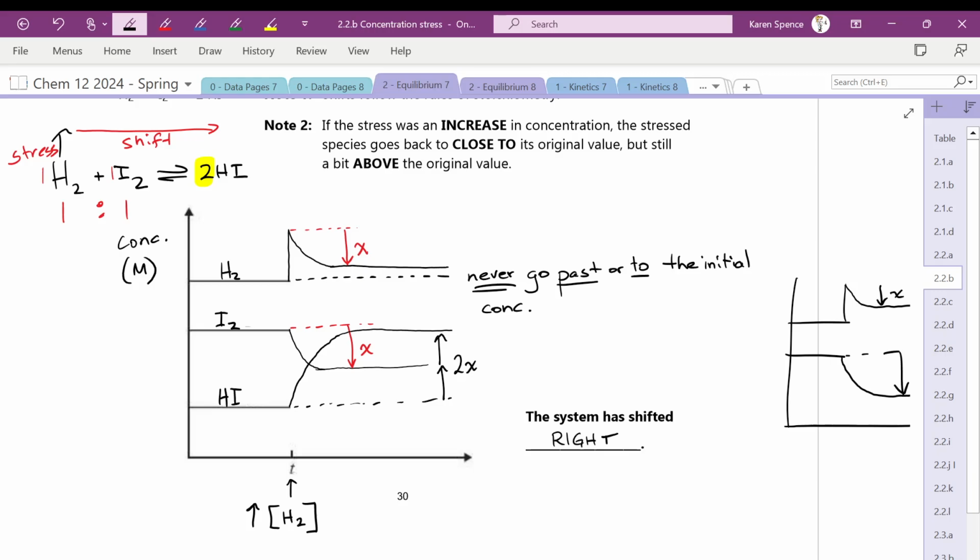I'm like, no. That was straight up and down.